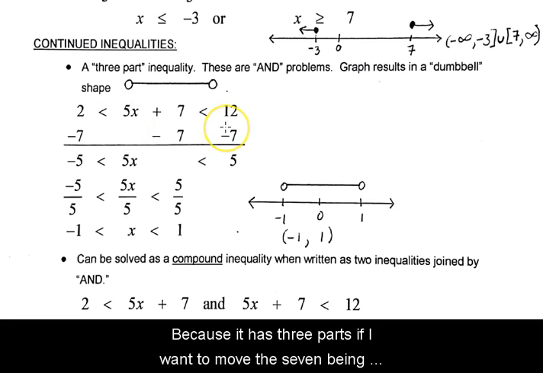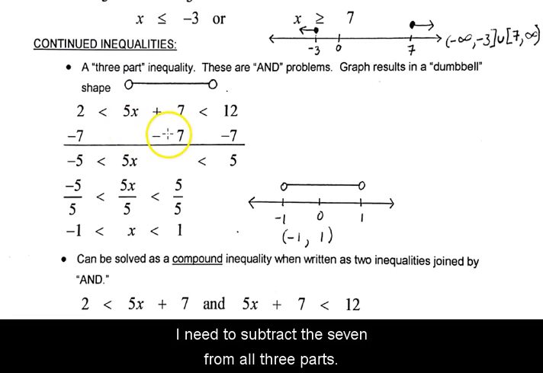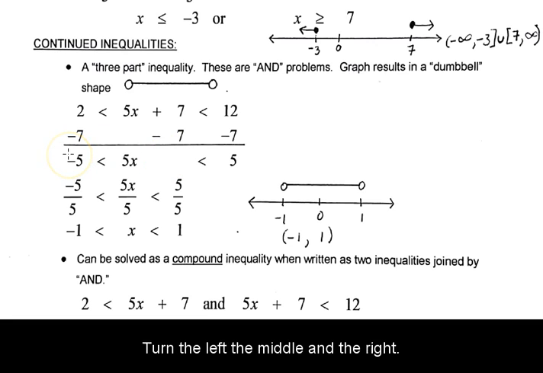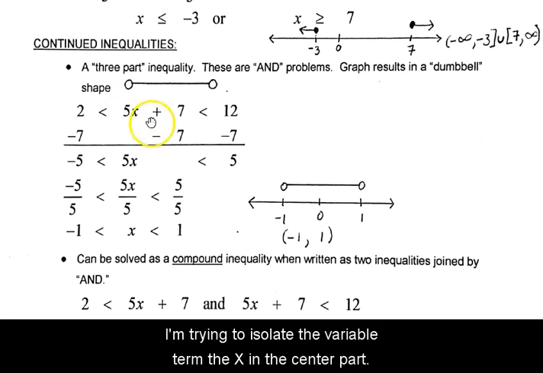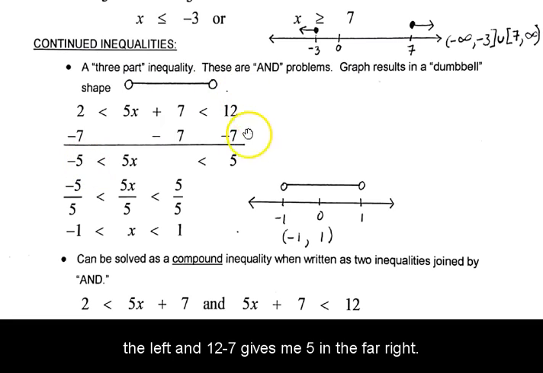Because it has 3 parts, if I want to move the 7 being added to 5x in the middle, I need to subtract the 7 from all 3 parts, from the left, the middle, and the right. I'm trying to isolate the variable term, the x, in the center part. That leaves me 5x in the center. 2 minus 7 gives me -5 on the left, and 12 minus 7 gives me 5 on the far right.